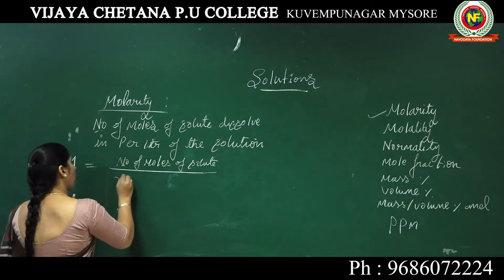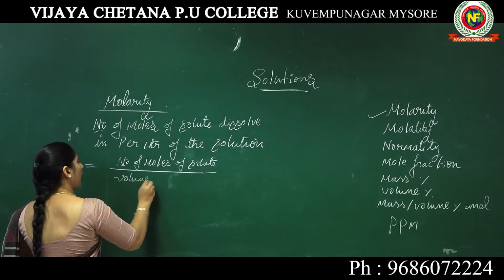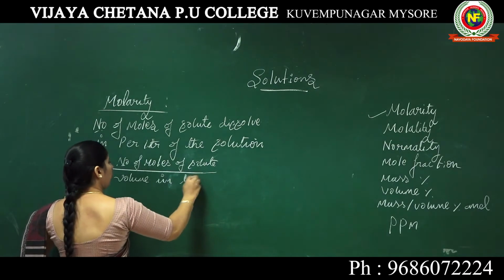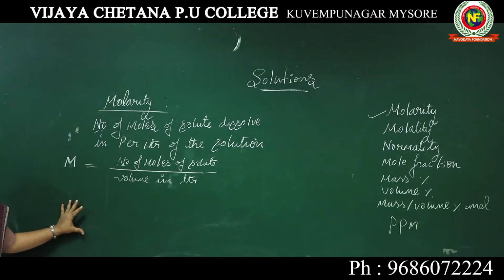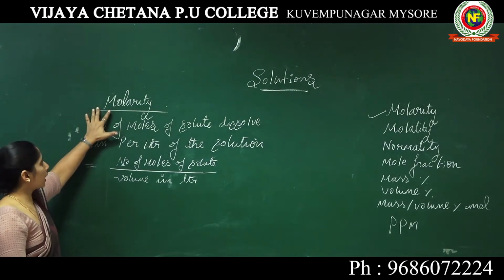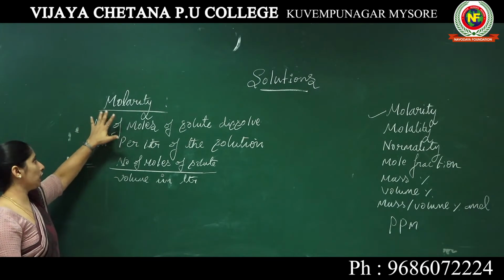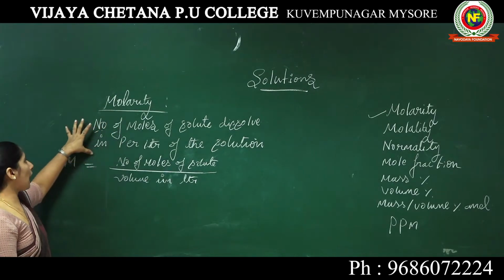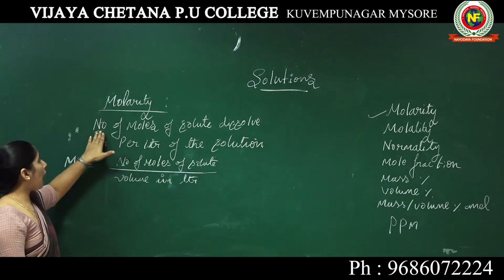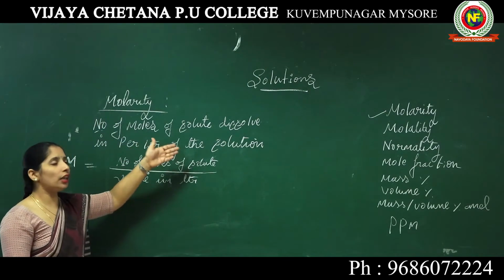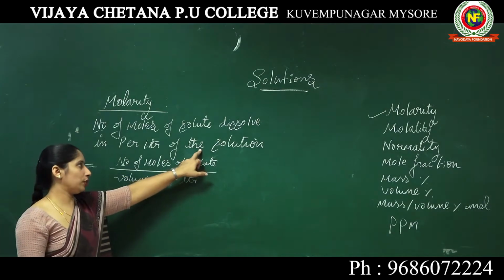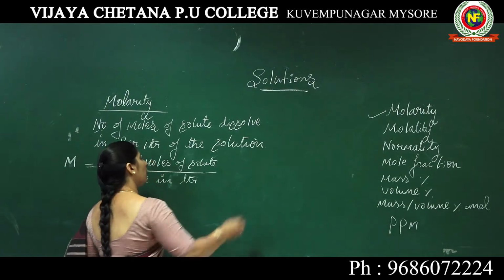So in theoretical form we write it as volume in liters. This is the theoretical formula to express one of the ways of concentration, that is molarity. So if asked to define molarity, molarity is nothing but the number of moles of solute that dissolve or are present in per liter of the solution. Got it? Per liter of the solution.